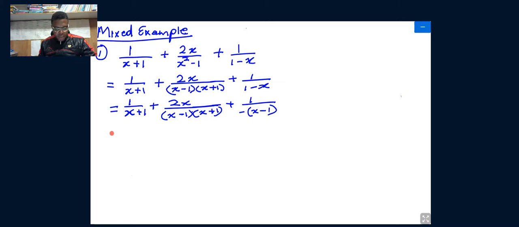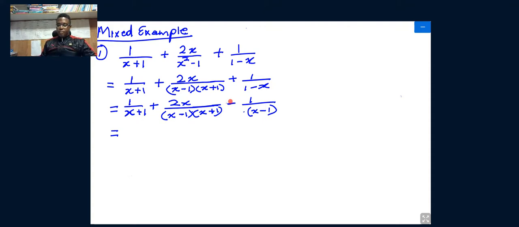Okay, so now let me simplify this. Here we have a negative, so this negative times a positive gives us the properties of the negatives. A negative multiplied by a positive is a negative. Let me just correct it right away. So here we have negative.